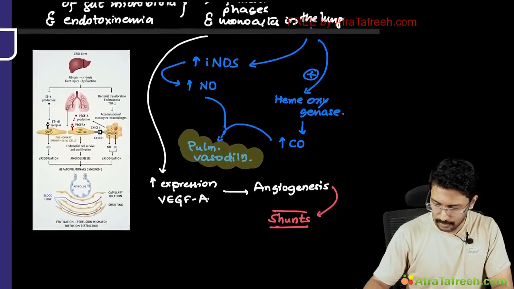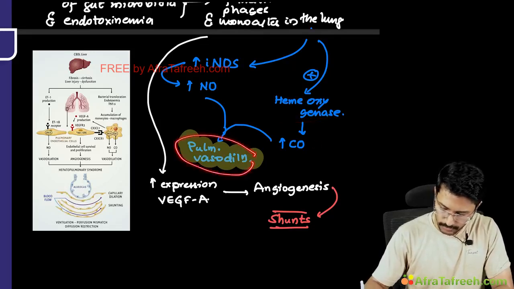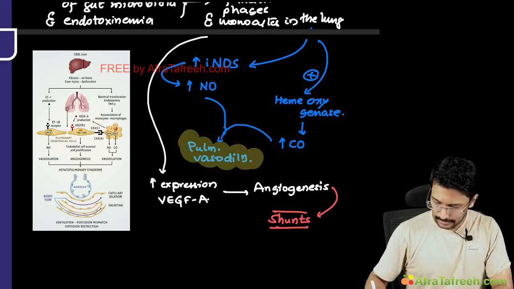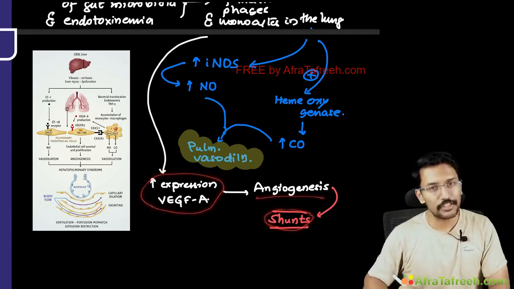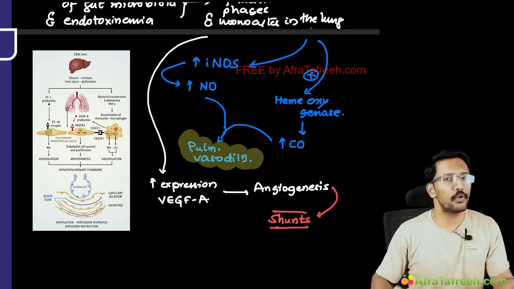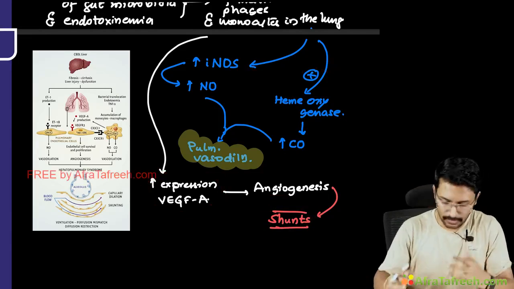And the second thing is carbon monoxide as a byproduct of heme degradation also contributing to pulmonary vasodilatation, and increased expression of VEGF leading to angiogenesis and formation of shunts.